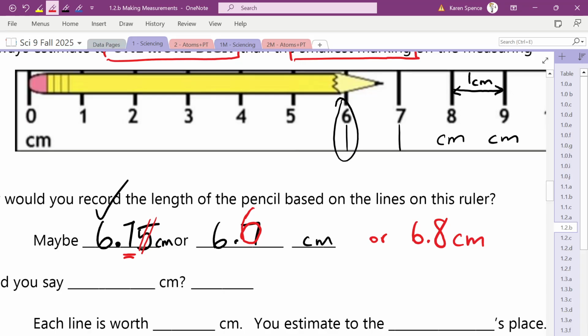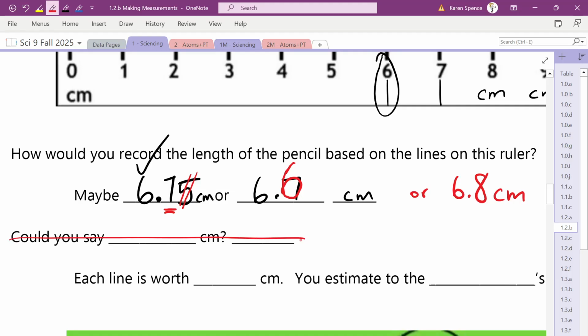If you went to 6.5, I'd take off a half a mark because it looks further than halfway. And it does not look like 6.9. We're not close enough to the 7 to be 6.9.